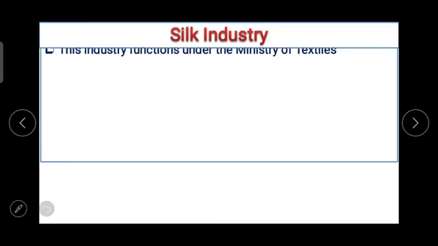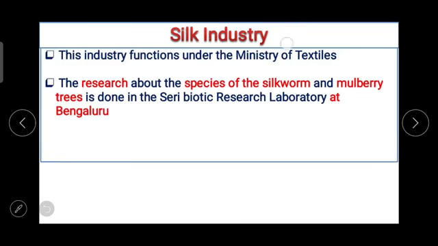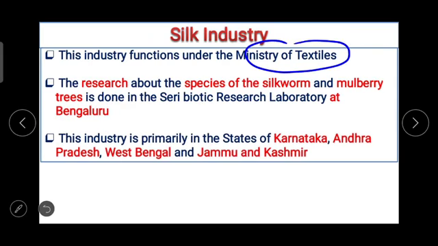Next one, the silk industry. This industry functions under the Ministry of Textiles, and the research about the species of the silkworm and mulberry trees is done in the Seribiotic Research Laboratory at Bangalore. So, two things you have to keep in mind here: silkworm and mulberry trees.